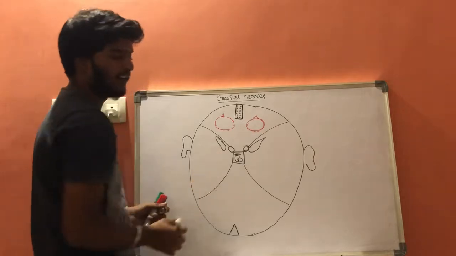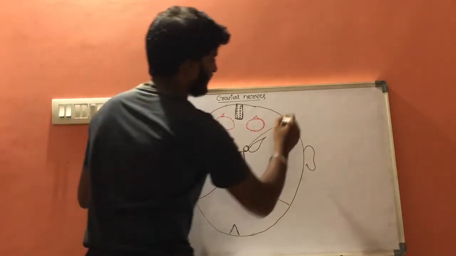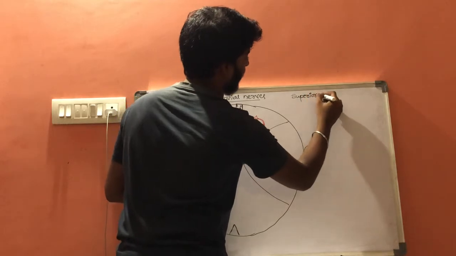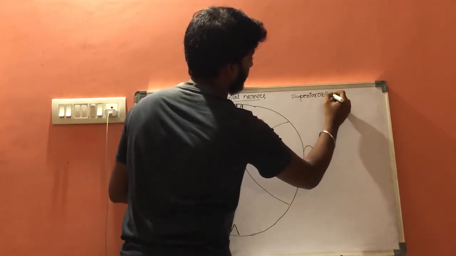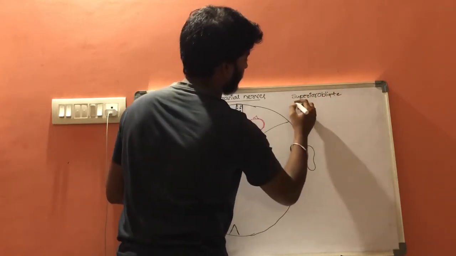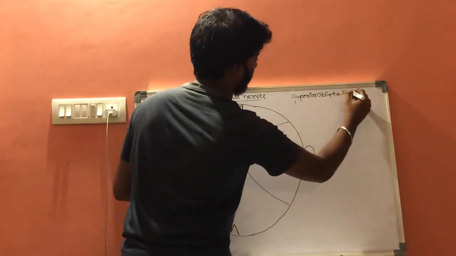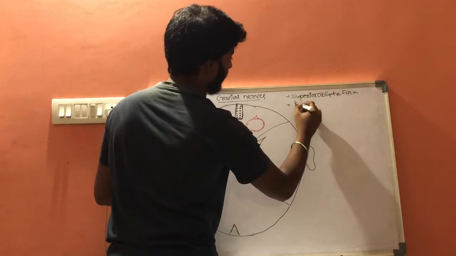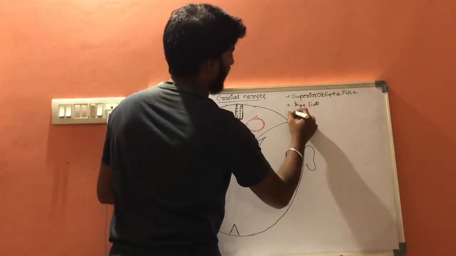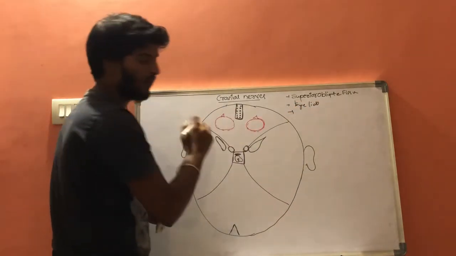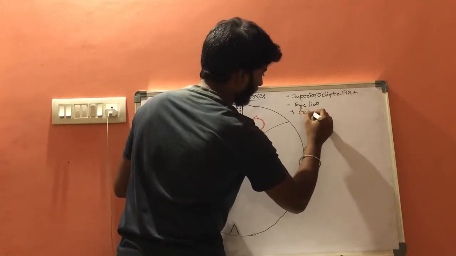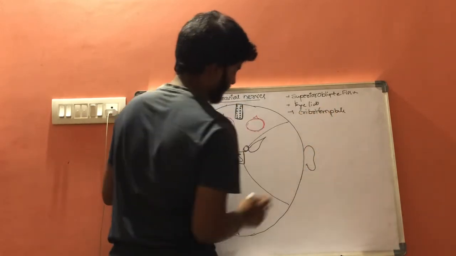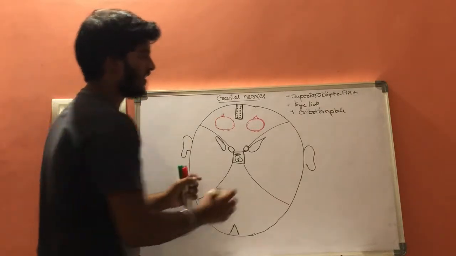These are the eyelids, and these are the cribriform plates. And this is the sella turcica.